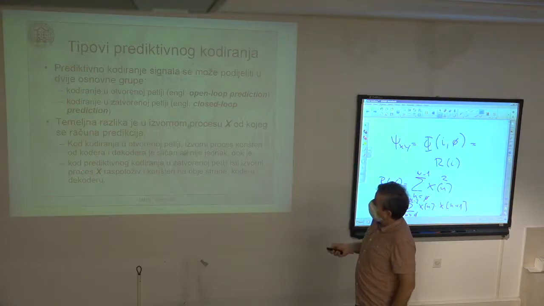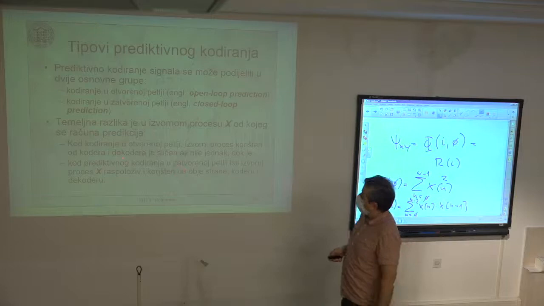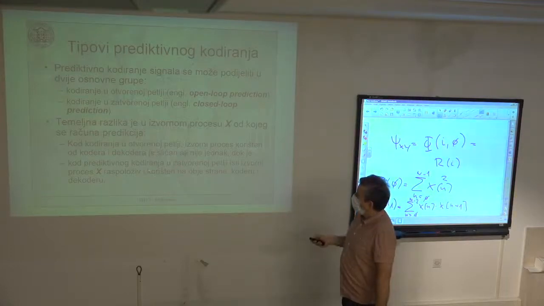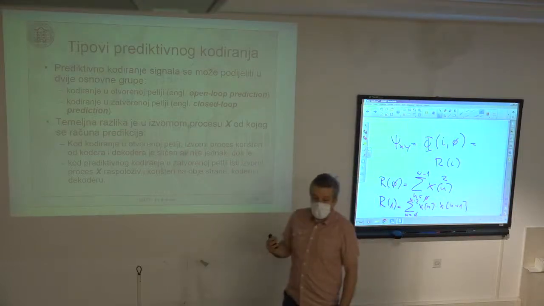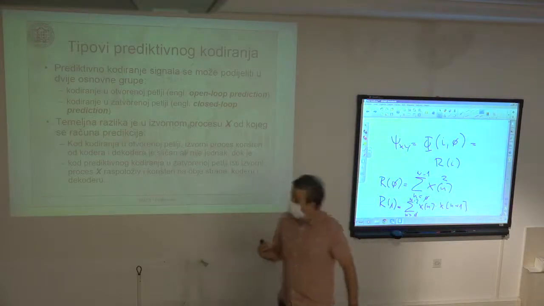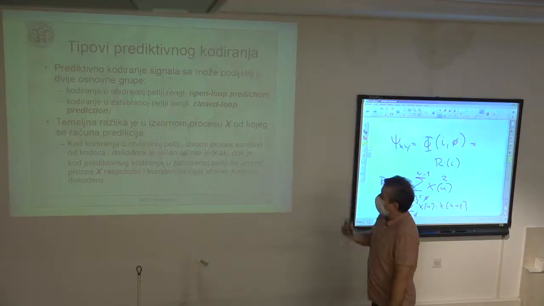On the other hand, if I apply the closed loop approach, then instead of using the original process, I will use something that is available on both sides, on the transmitting and receiving side. And what is this? This is actually the quantized reconstructed process. So the quantized reconstructed signal is close to the original signal.